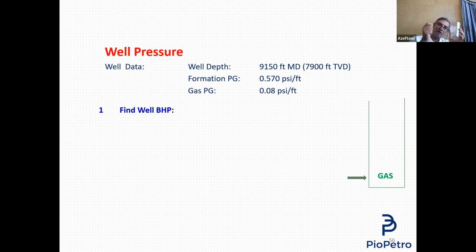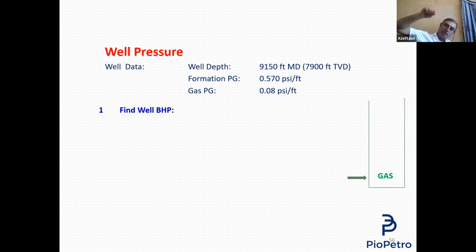If I give you now a pressure gauge, please concentrate, because this is the question I need you to answer. If I give you a pressure gauge now, and I ask you to take this pressure gauge and go down this well inside the 3.5-inch tubing, you go all the way to the bottom of the well. Now you have the pressure gauge in your hand. Please see what the pressure gauge reads and give me a call.